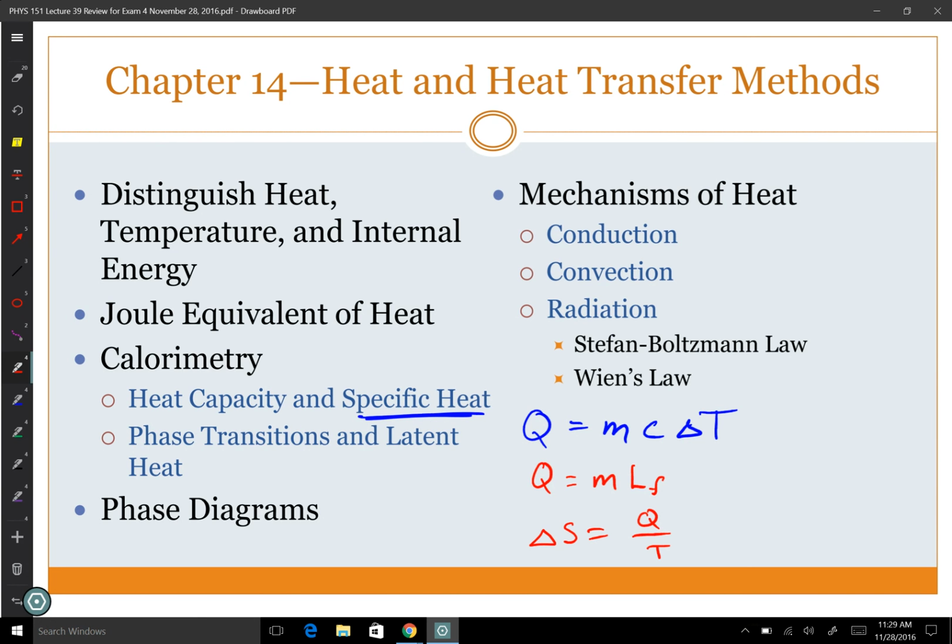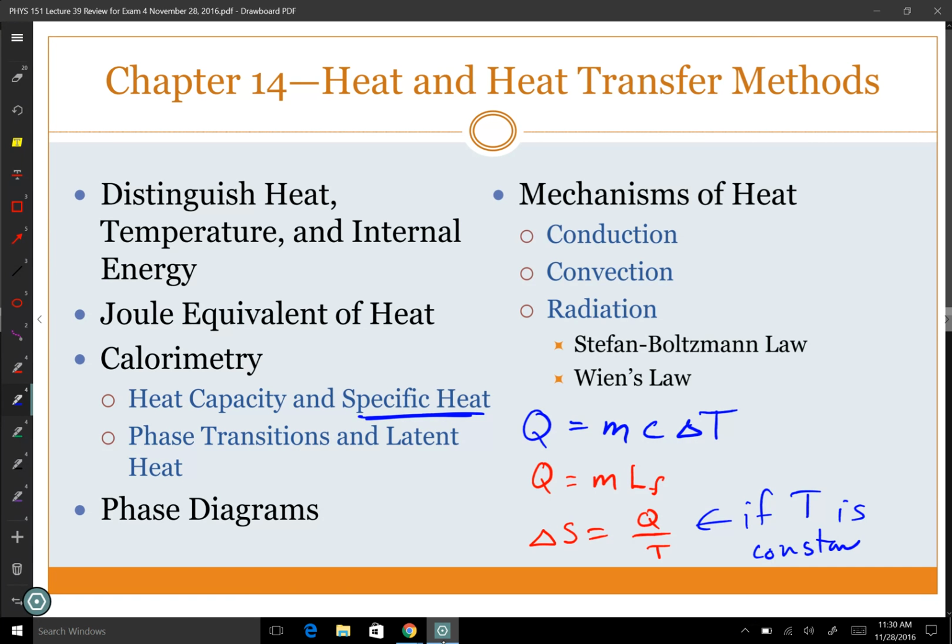Because Q is already a change, right. So we have that equation. If the temperature is constant, we use this equation. But of course, when you are cooling the magma from its initial temperature of over 1,000 degrees Celsius down to 700 degrees Celsius, the temperature is changing.